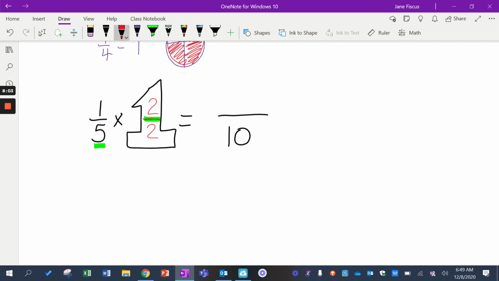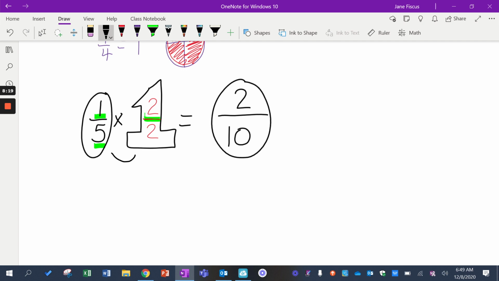And now let's go ahead and multiply our numerator times our numerator. 1 times 2 is 2. So 1/5 is the same as 2/10, and we know that because we've practiced the identity property.